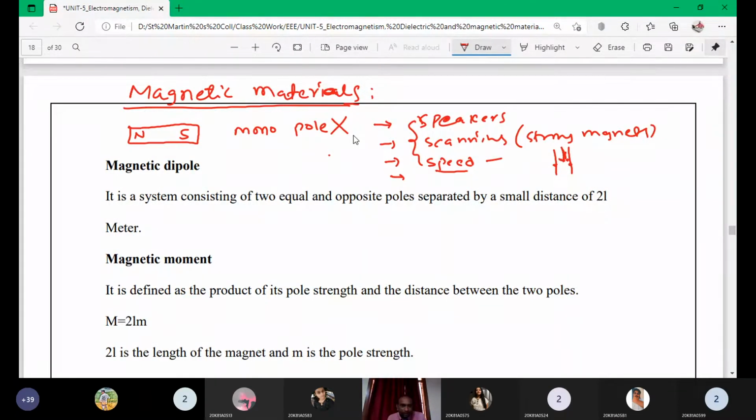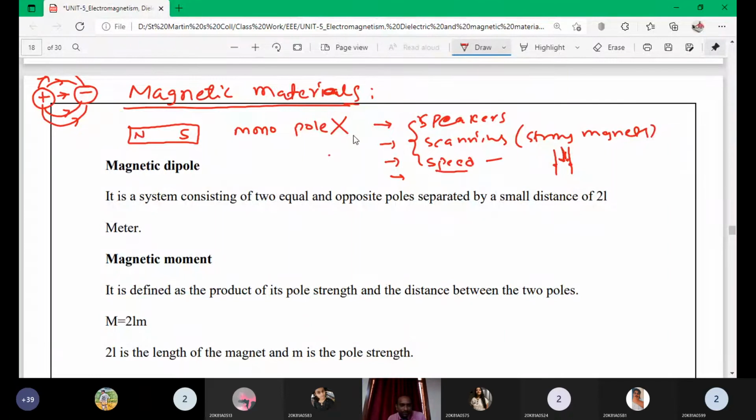In an electric field, here plus charge and minus charge, field lines always pass from plus to minus. Here how will it pass? N for north pole and S for south pole.